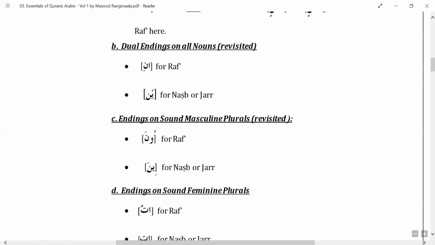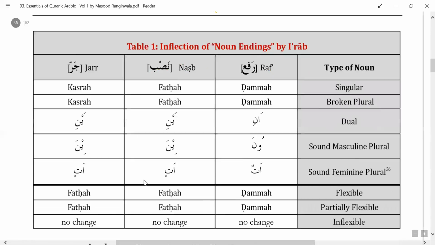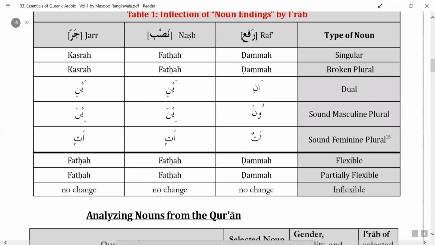Una, ina, una is rafa. And atun, atin, atun is rafa. So here, from the combination, you have ani, aini, and aini. Aini is the same for nasb and jar. But dhamma is rafa, fatha is nasb, and kasra is jar.